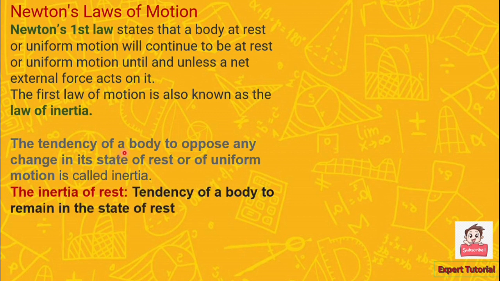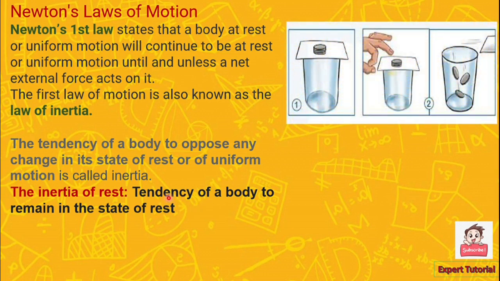So what is the inertia of rest? Inertia of rest is the tendency of a body to remain in the state of rest. Here is an example of inertia of rest. This is a very simple experiment you can do at your home. A postcard is kept on the top of a glass and a coin is placed on the postcard.